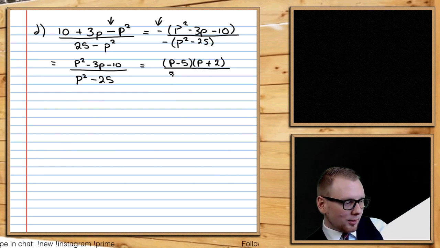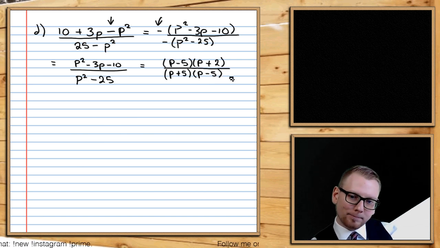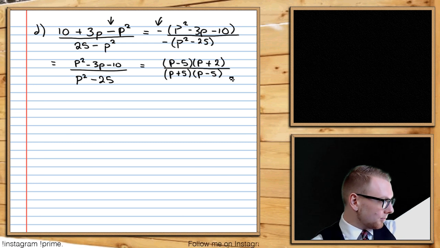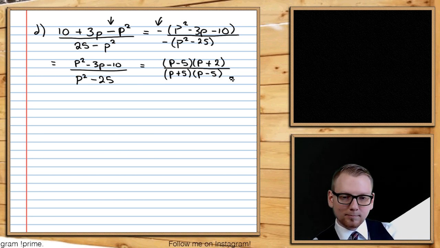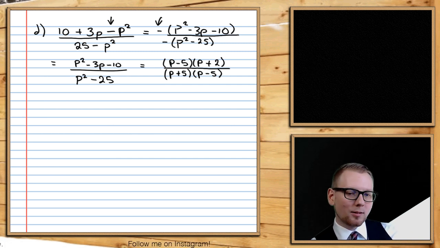P plus 5 and p minus 5, yep. Okay. Well, remember, before you cross out, you have to state the restrictions.